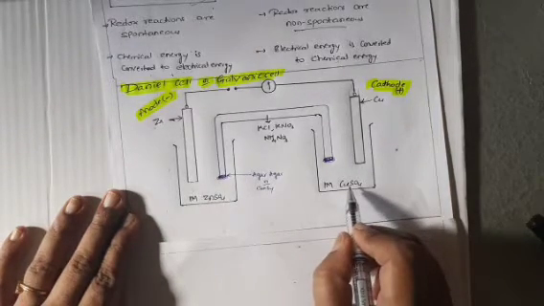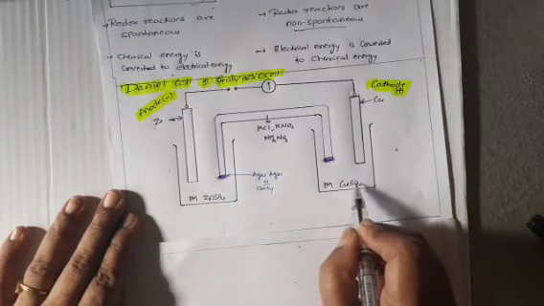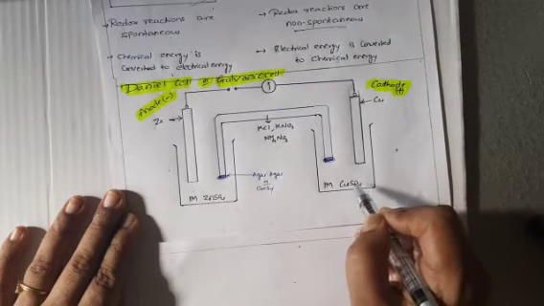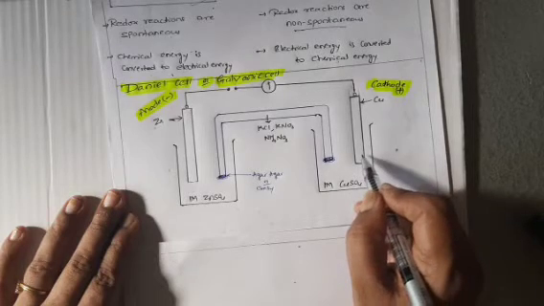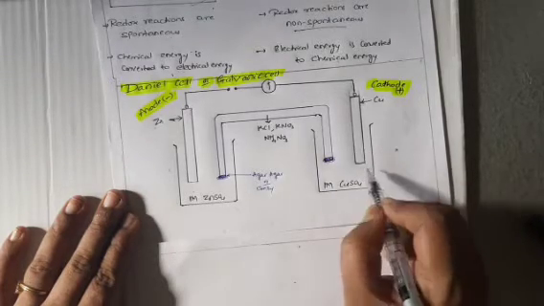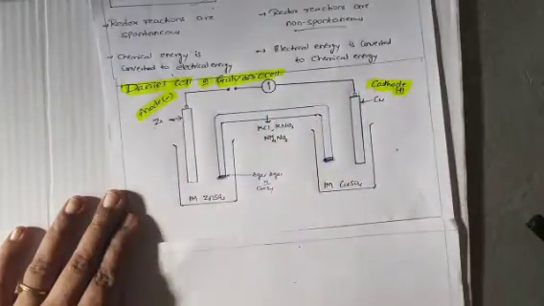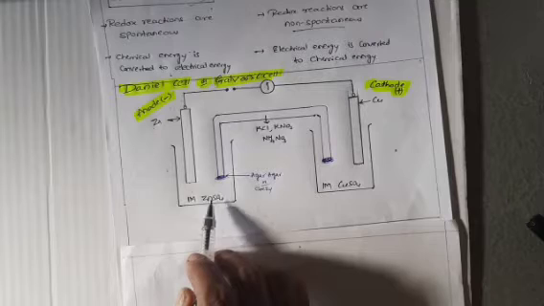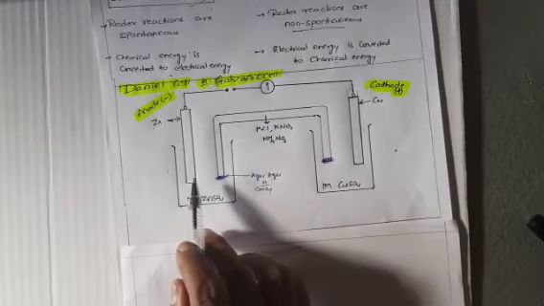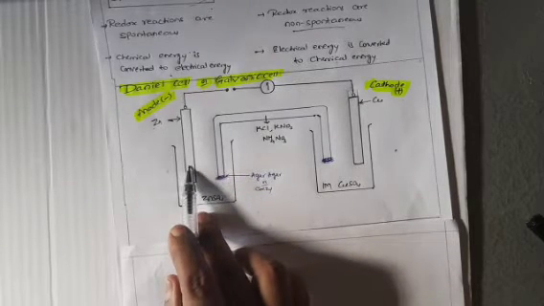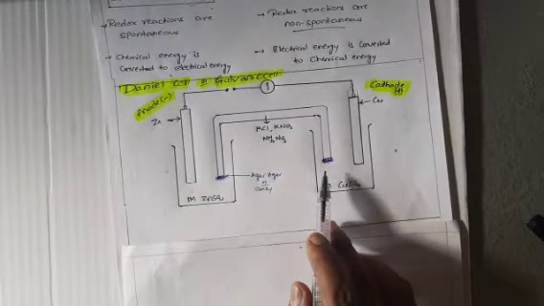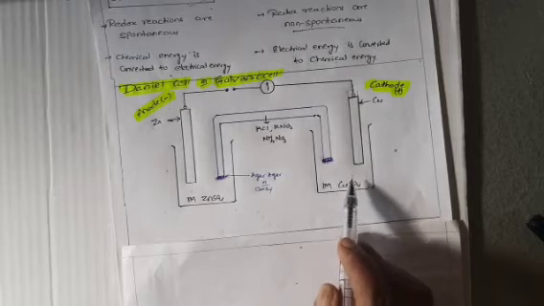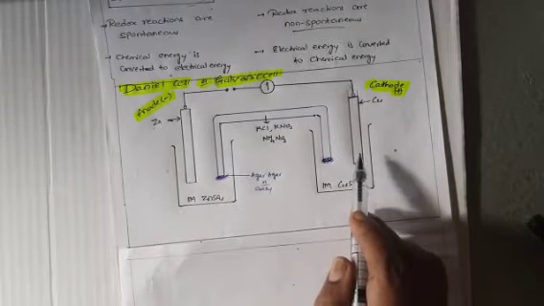Same way in CuSO4 solution, this is an electrolyte, here we are taking the copper electrode. This is the setup. So here the electrode is made of zinc, and similarly we are dipping the electrode in copper electrolyte, so the electrode should be copper.